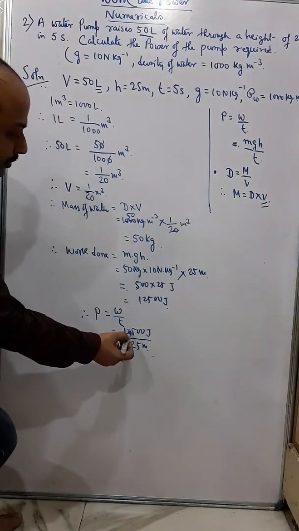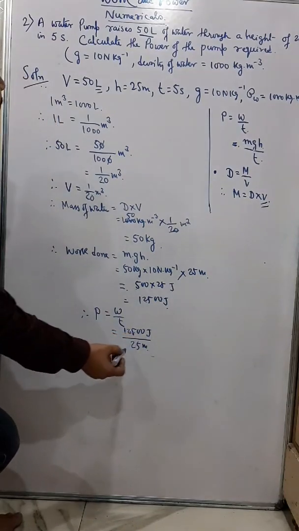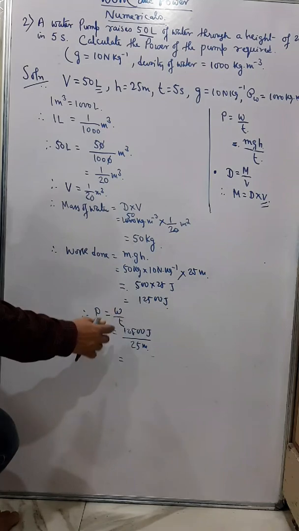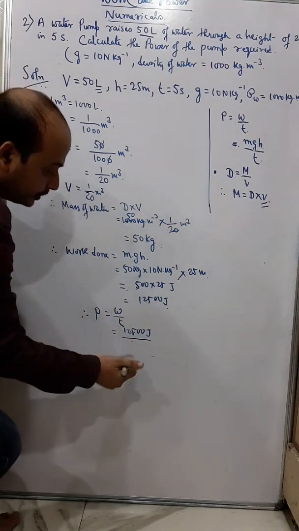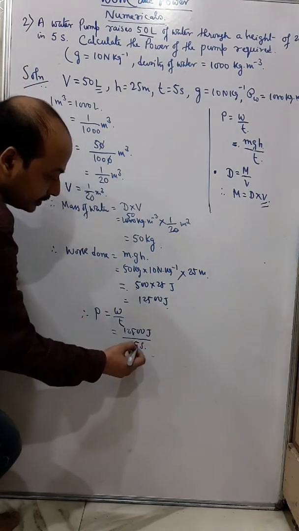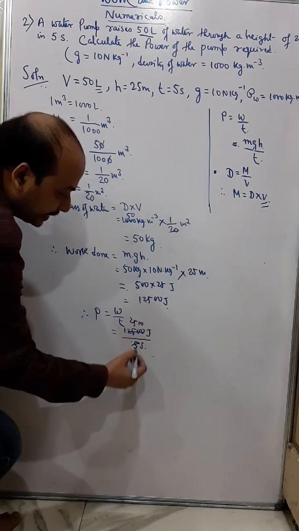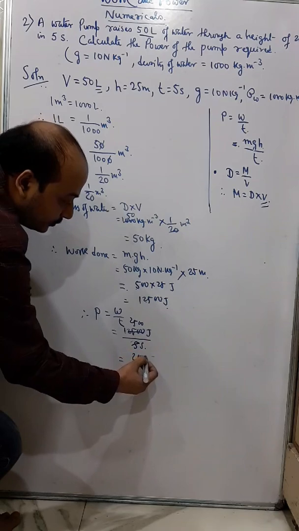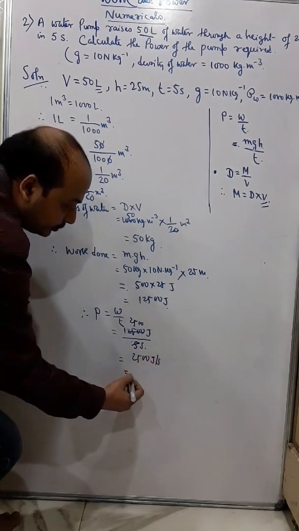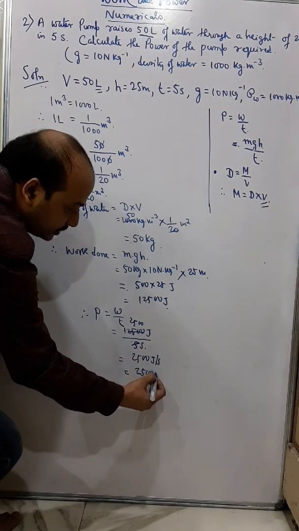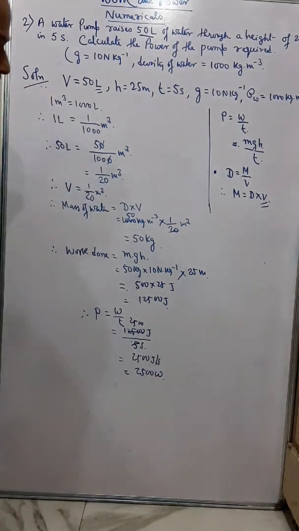So work is 12500 and time is in fact 5 seconds. Okay, so not 25, sorry, it is 5 seconds, and 12500 by 5. So we got finally 2500 joule per second, and you know that's collectively known as watt. So it is 2500 watts. Okay.